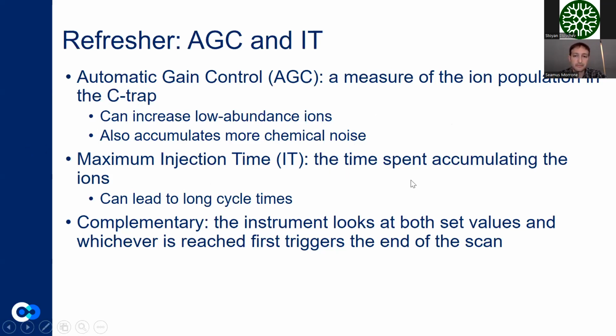Maximum injection time is the time spent accumulating these ions, and can lead to long duty cycles as you increase this. It's important to note that they're complementary. The instrument will look at both set values, and whichever is reached first triggers the end of the scan. So if you set a very low AGC and a very high IT, chances are it will never reach that maximum IT. It will always be triggering on the low AGC.